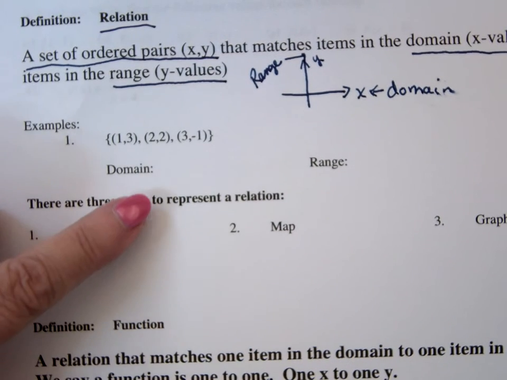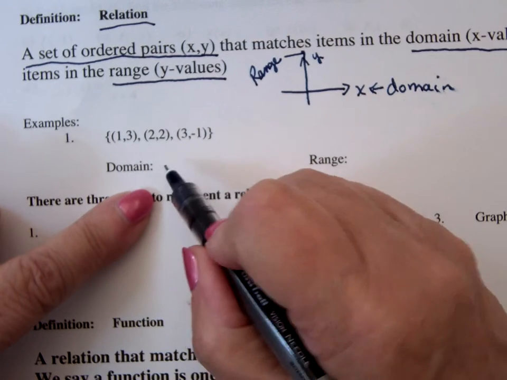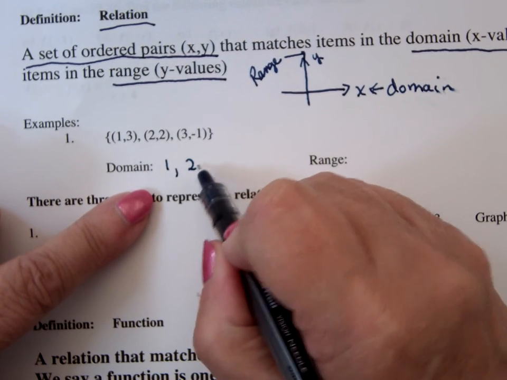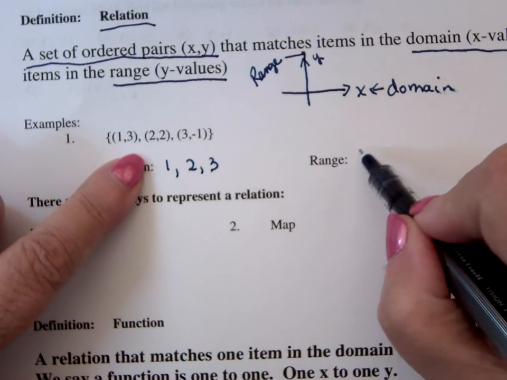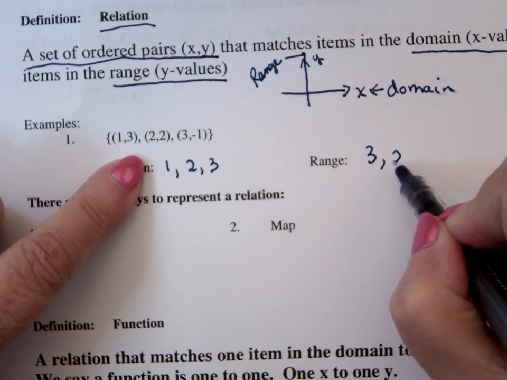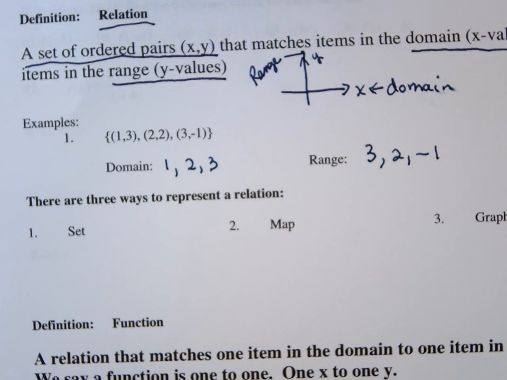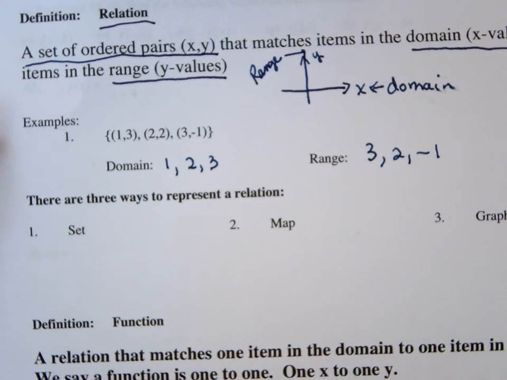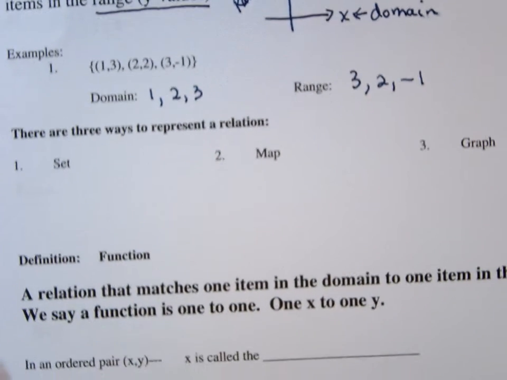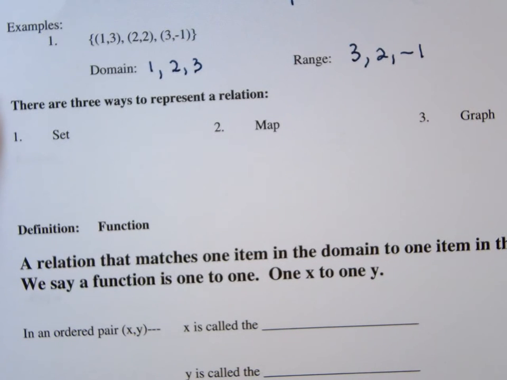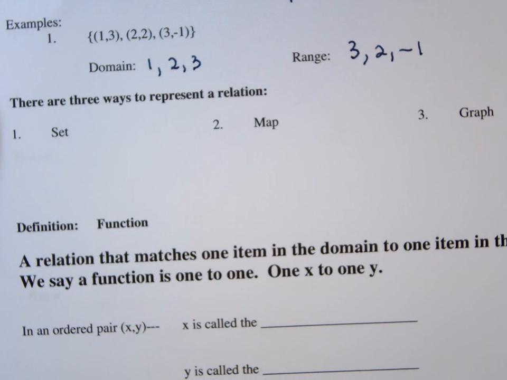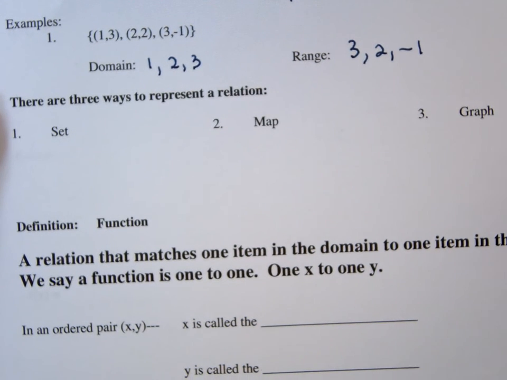If I just look at a set of ordered pairs, the domain is just the x values 1, 2, and 3, and the range is the y values 3, 2, and -1. There are probably more than 3 ways to represent a function, but here are the 3 basic ways, and depending upon what we're going to be doing, one is better than the other.